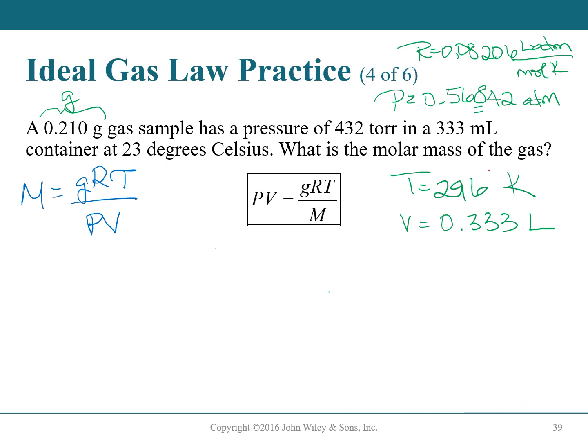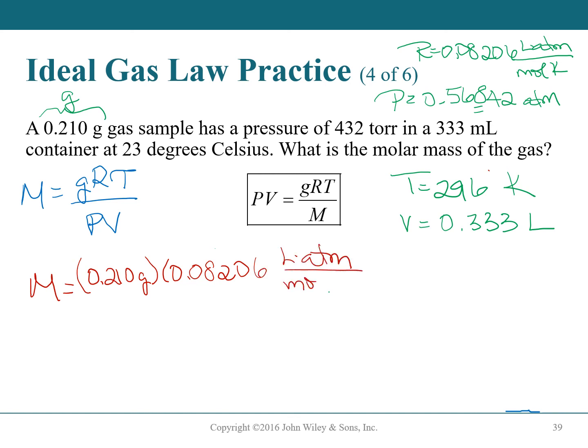If we do this, the molar mass is equal to 0.210 grams times R, 0.08206 liter atmospheres per mole Kelvin, times T, which is 296 Kelvin.